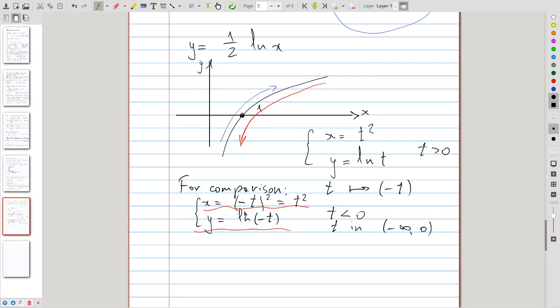And similarly, when the negative t gets closer to 0, log of minus t becomes smaller, and so that again corresponds to the direction of decreasing y. So by reversing the t variable, by taking minus t in place of t, we can reverse the passing of time and make our physical particle move in the opposite direction.